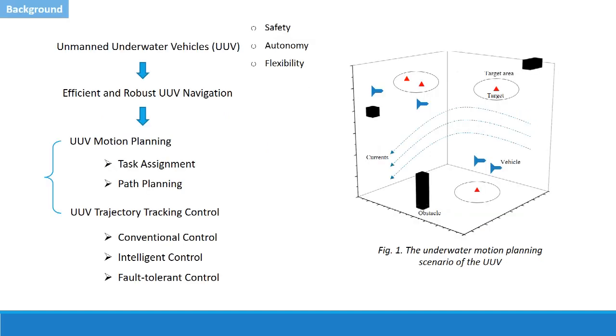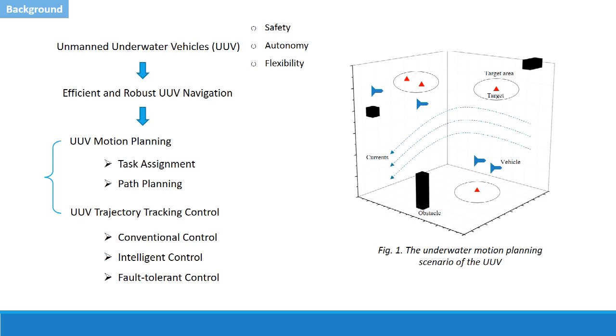We introduce the background. Because of the safety, autonomy, and flexibility of unmanned underwater vehicles, which can also be abbreviated as UUV, the UUV has attracted the attention of scientists in recent years.